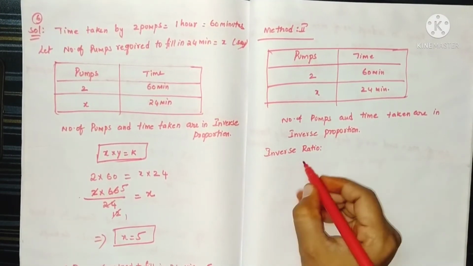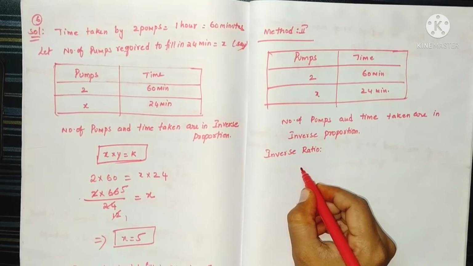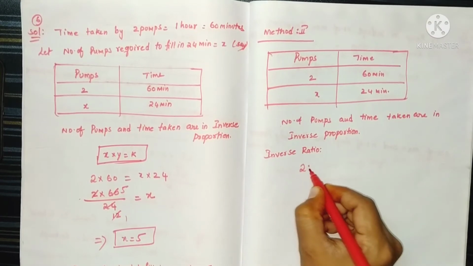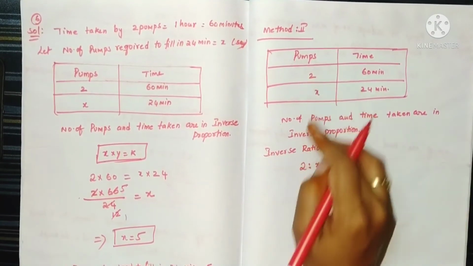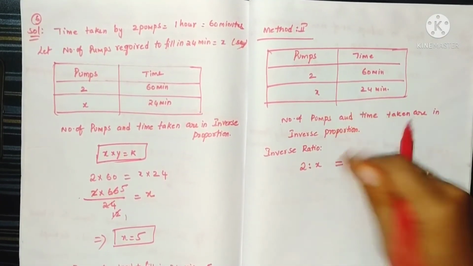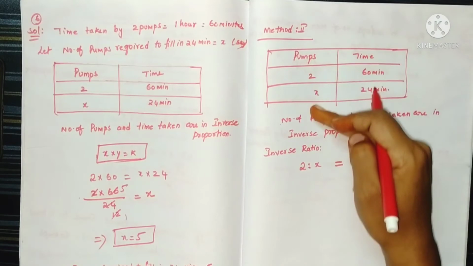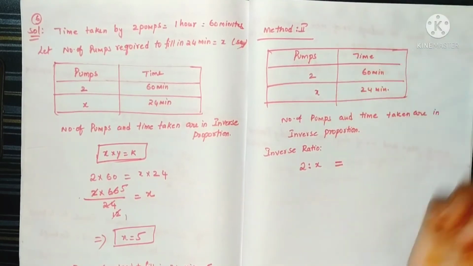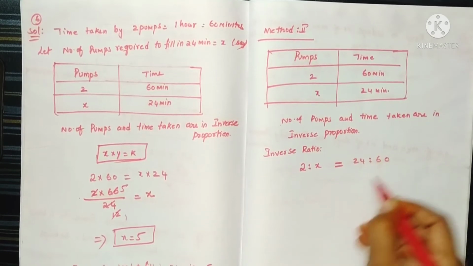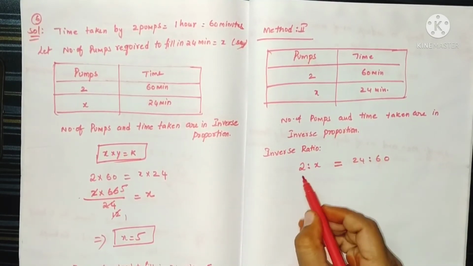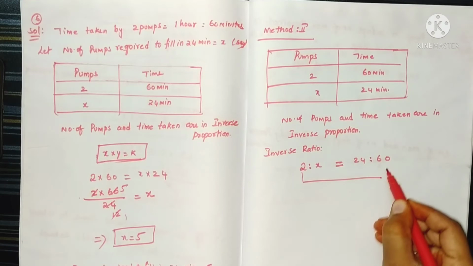So take inverse ratio. Inverse ratio 2 is to x. Ratio means same kind ratio ne తీసుకోవాలి. 2 is to x is equals to inverse. So we took in this order na. So now from bottom to top. 24 is to 60. So 2 ratios are equal means they are in proportion.